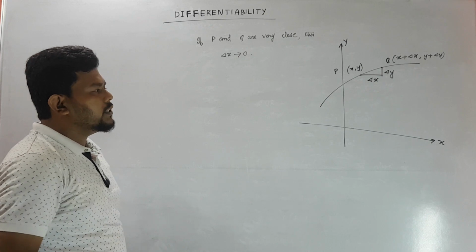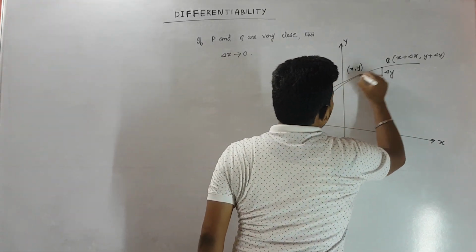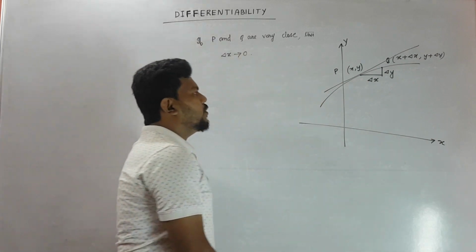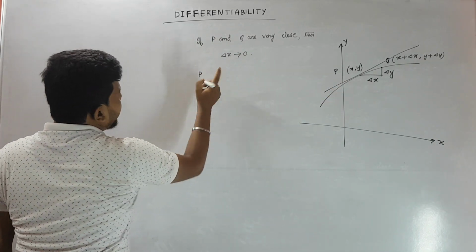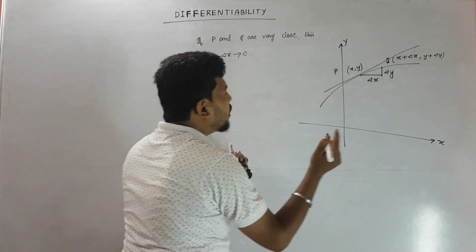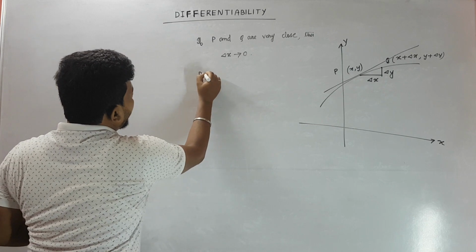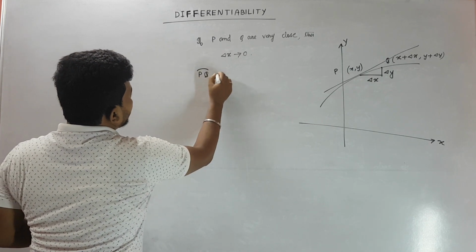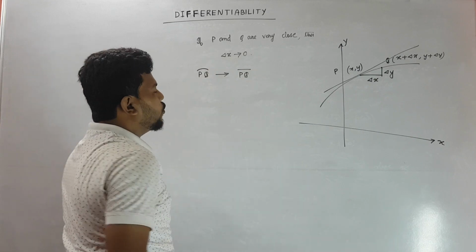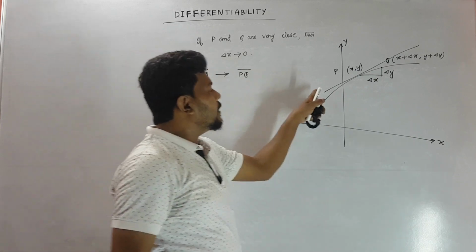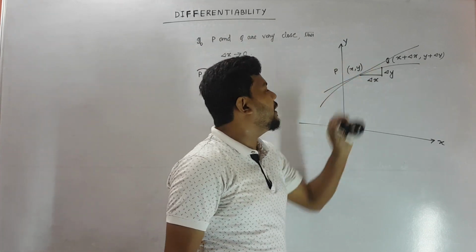If I draw a tangent at the point P, this is your tangent at the point P. When point P and point Q are very close, that is del x tends to 0, your PQ arc will tend to the PQ chord. So the tangent at the point P will coincide with the PQ.